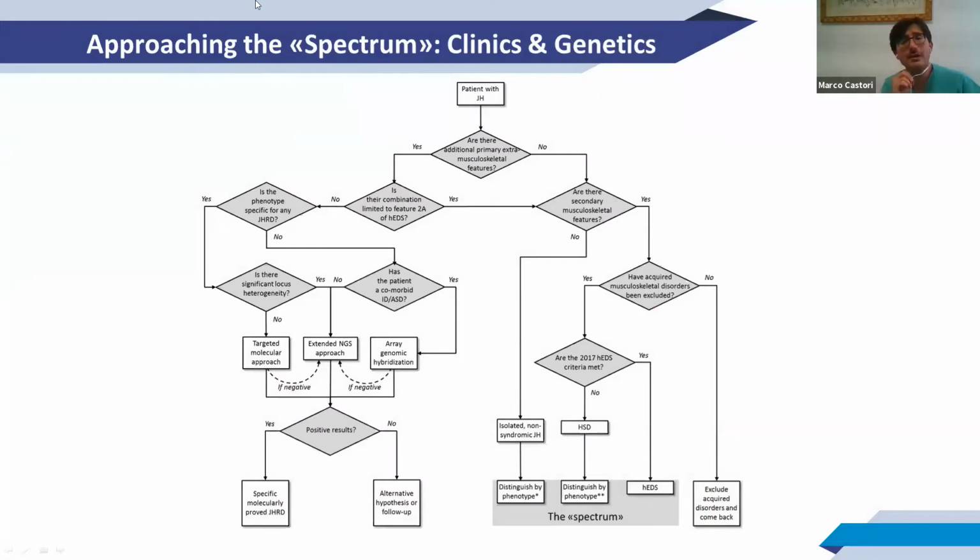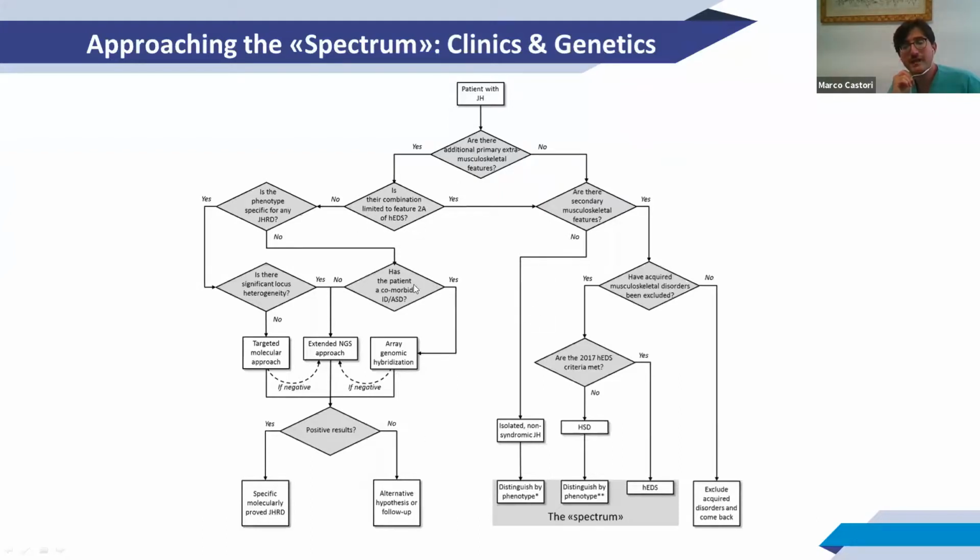This is another flowchart that illustrates the broad scenario of human conditions featuring joint hypermobility, and also illustrates that there is a wide range of possible tests that can be performed when a syndrome is suspected.